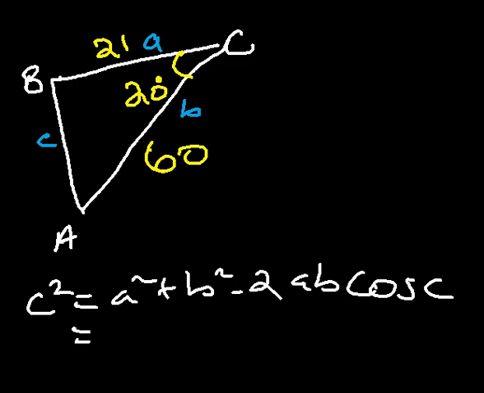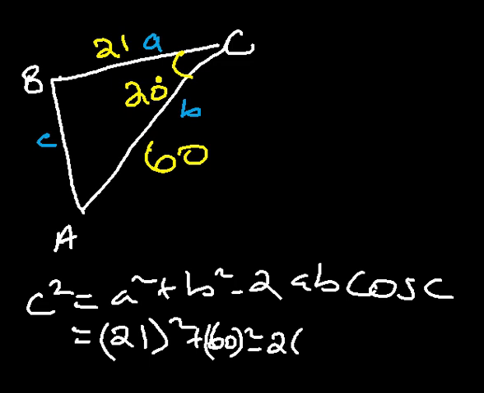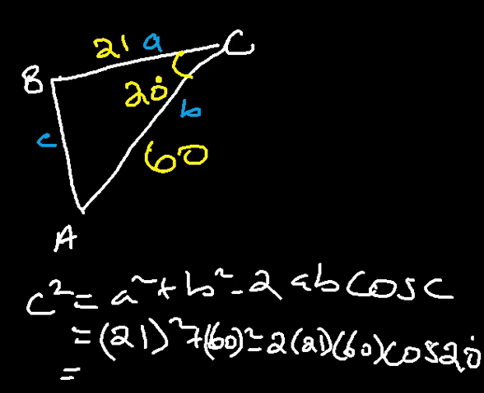Now we have the value of the side A, which is 21, so we have 21 to the power 2 plus, and B is given as 60, so 60 to the power 2, minus 2 times 21 times 60, times cos of 20 degrees. So what is the value of 21 to the power 2?